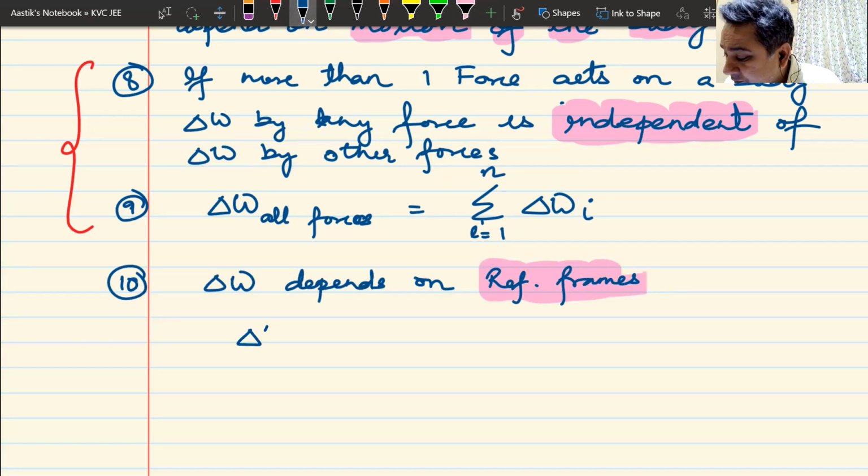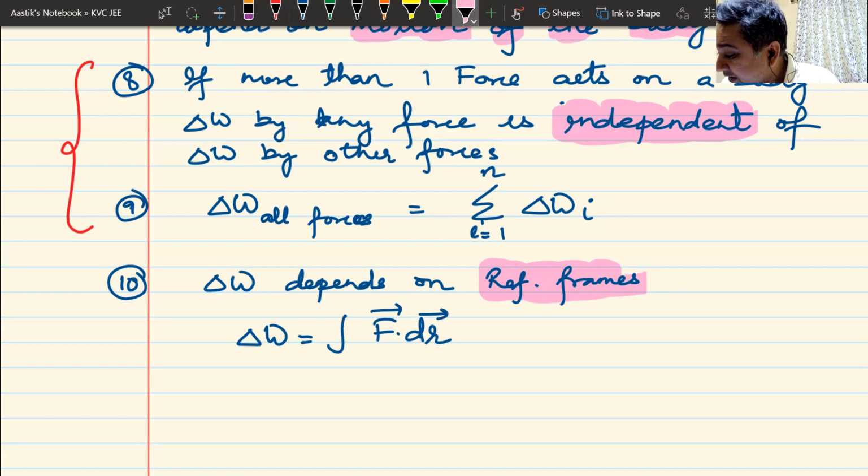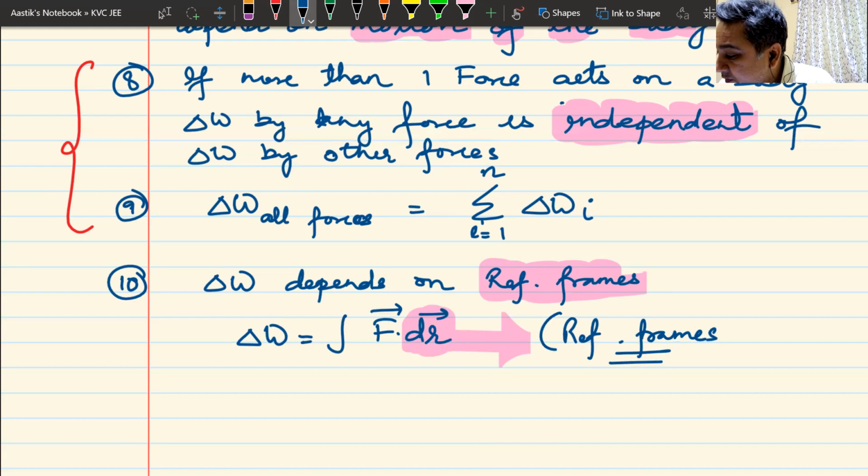The answer is pretty simple. If I look at the formula of work done, the formula of work done is F dot dr, where dr is the displacement. Now this displacement, this dr displacement, depends on the reference frame. In different reference frames, there could be different displacements, and hence the work done by the force will depend on reference frame.